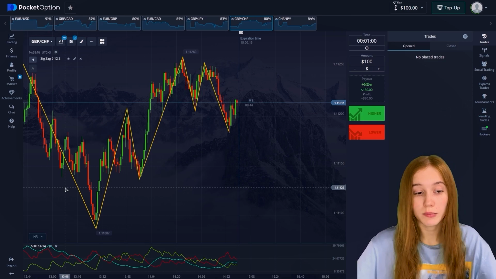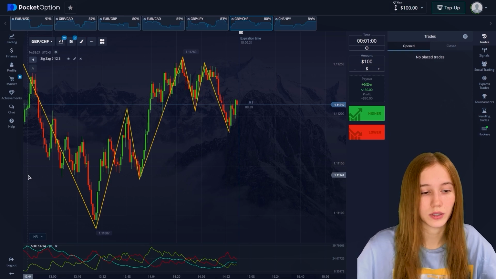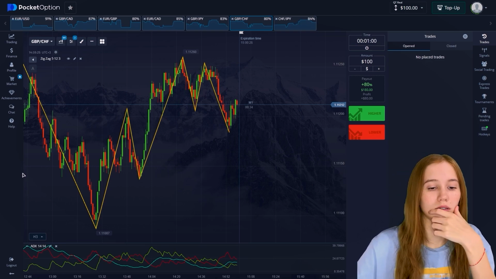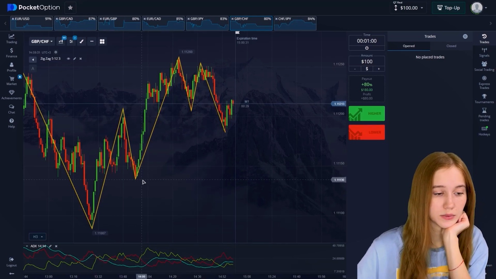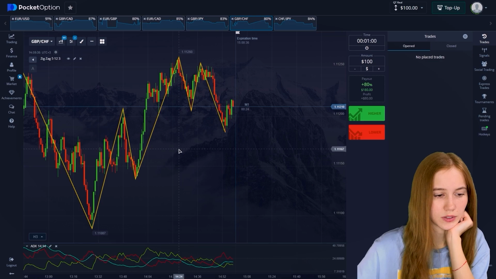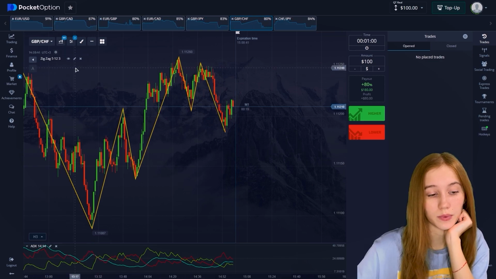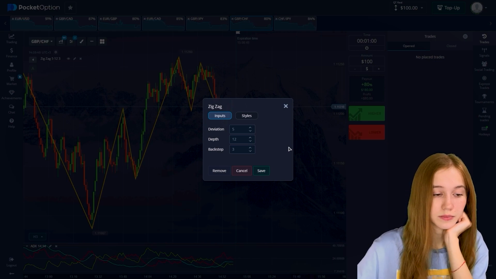Let me tell you a little about these indicators. I'll tell you the theory first, and then I'll show it in practice. I'll start with the first indicator, ZigZag, located on our chart. Here are its parameters. You can pause the video and screenshot them to copy.